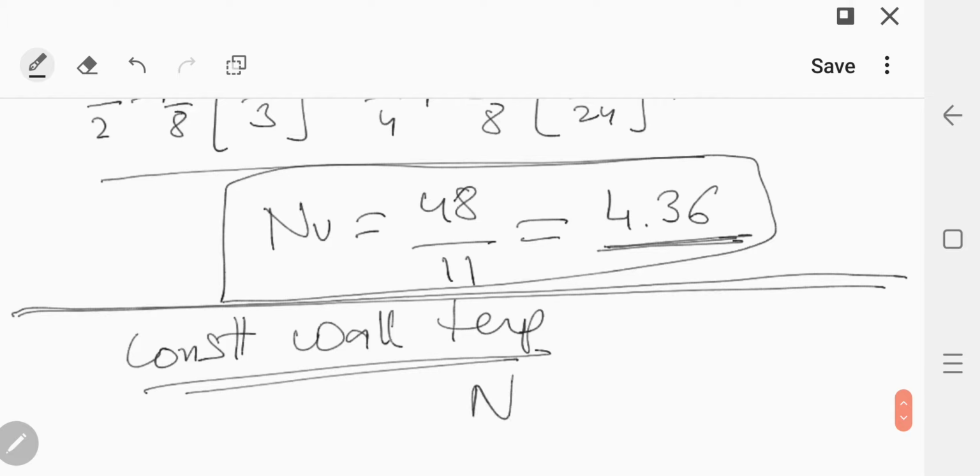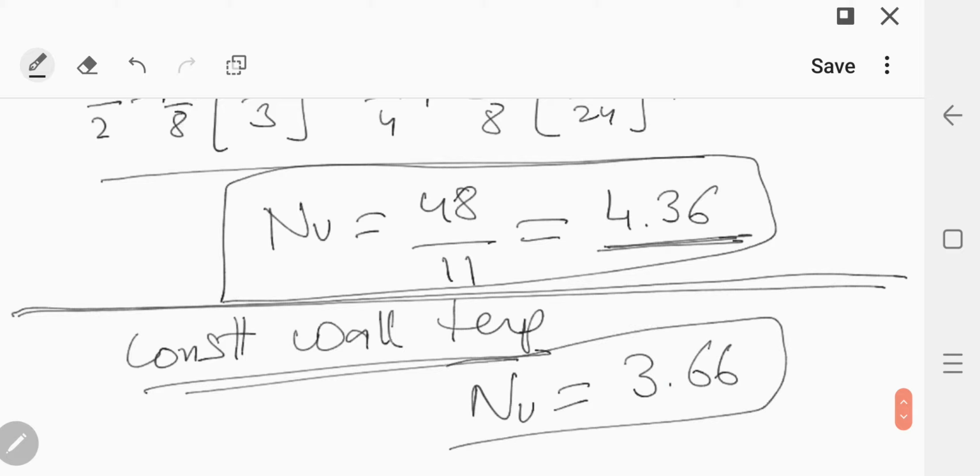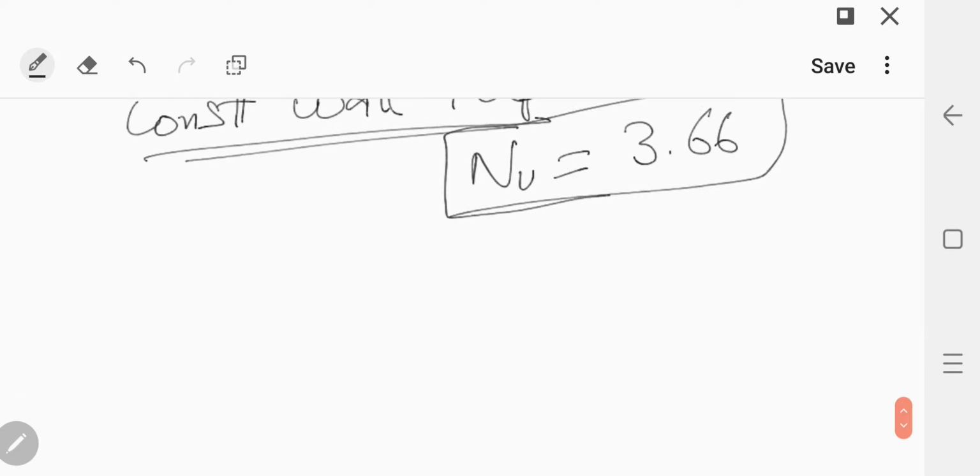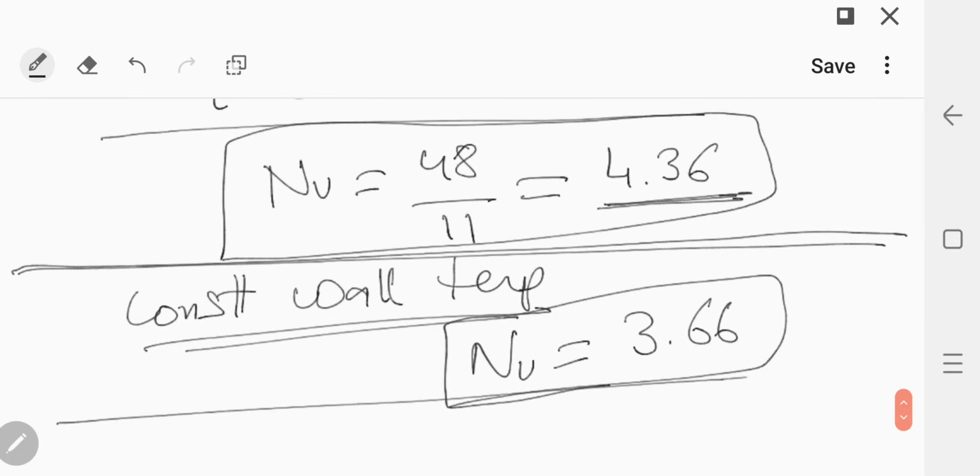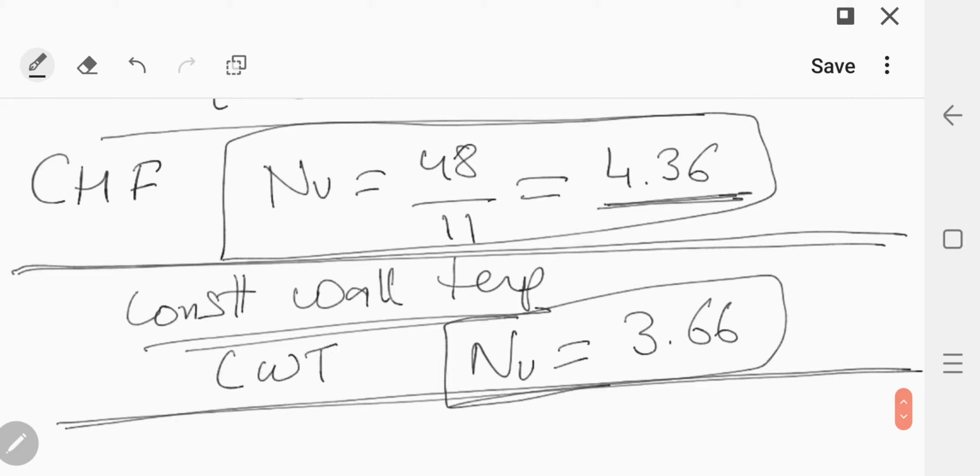And for constant wall temperature, just remember that the minimum Nusselt number is how much? Anyone? It's 3.66. So remember these two numbers. They are very, very important numbers. For constant heat flux, the Nusselt number is 4.36. For constant wall temperature, the Nusselt number is 3.66.